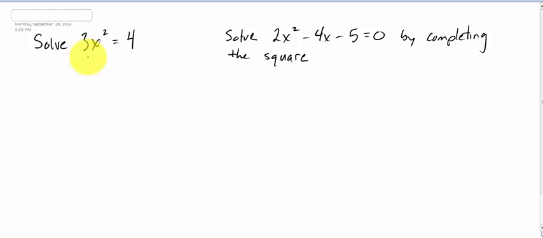The simplest way to solve this here is to divide both sides by 3, get the x squared alone, and then square root both sides. X equals plus or minus the square root of 4/3, which is plus or minus 2 over the square root of 3.